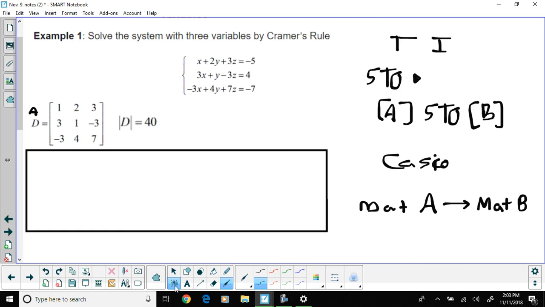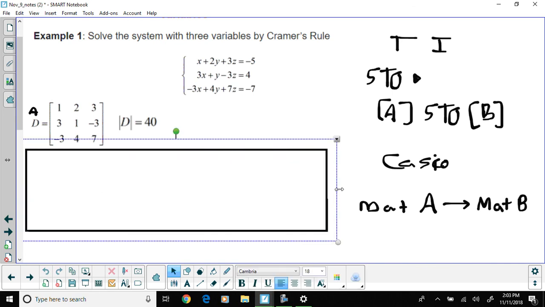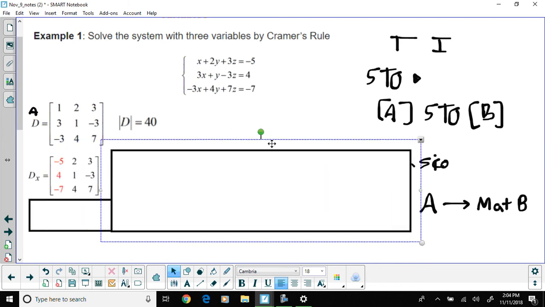Now why do I bring that up? Real simply put, if I store this original matrix as matrix A or B or C, I can then real easily make matrix X by going into B and replacing that column of numbers with the -5, 4, 7.